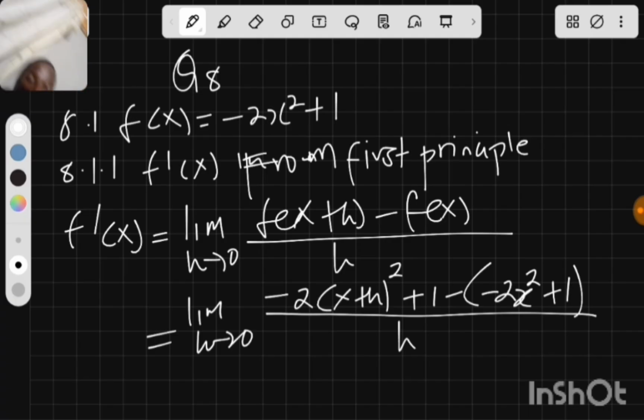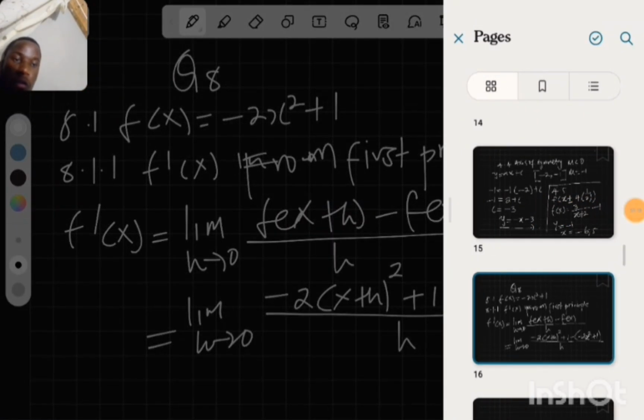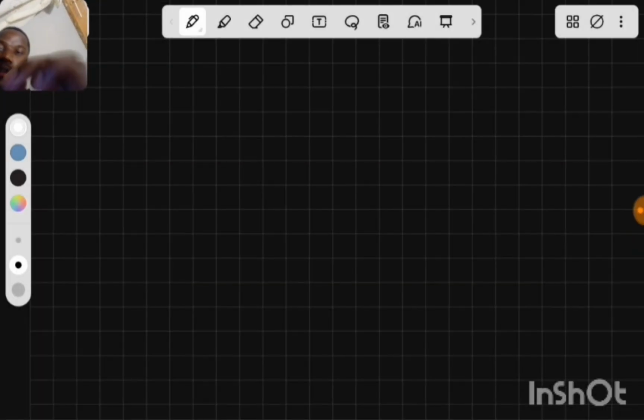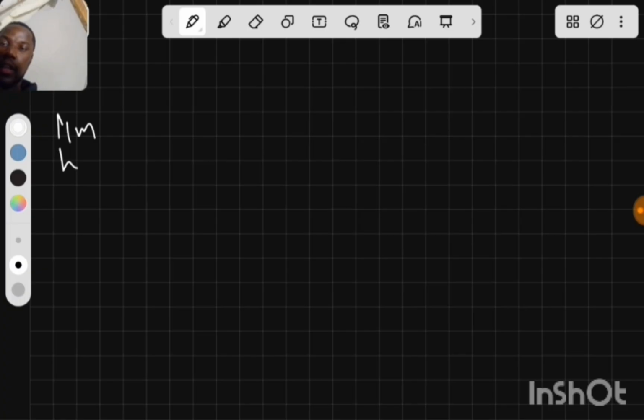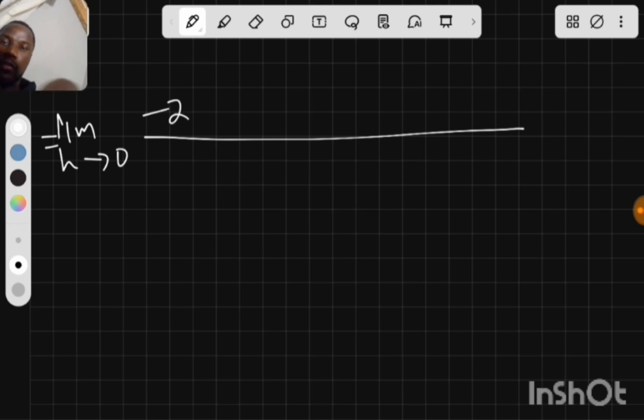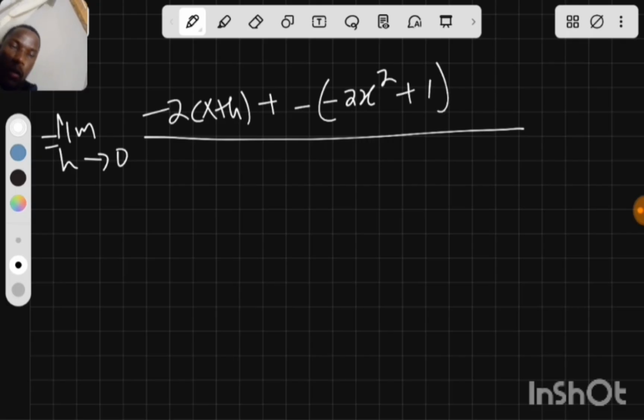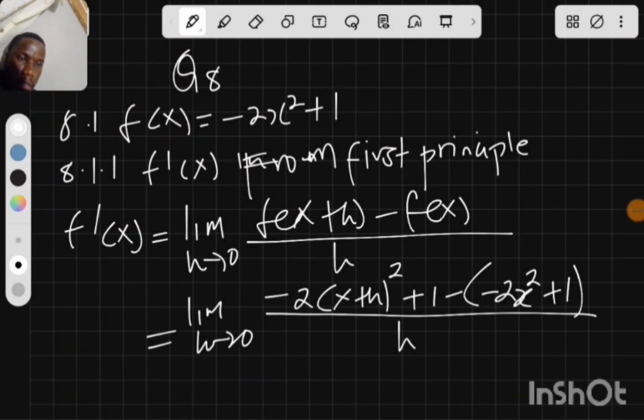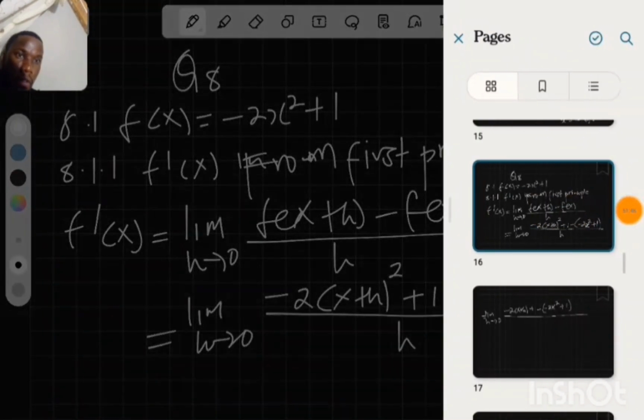I hope you understand. Let's keep going. We're going to have the limit when h approaches 0 of minus 2 times x plus h, plus 1, minus minus 2x squared plus 1, which is our original equation. Let me check it.